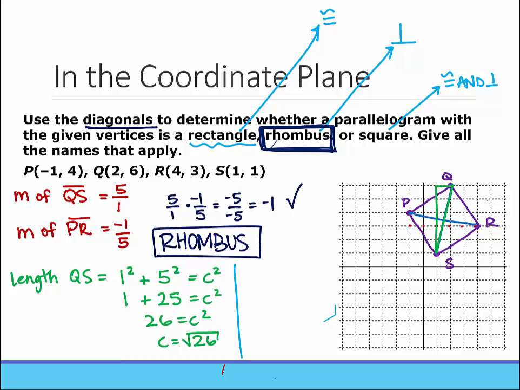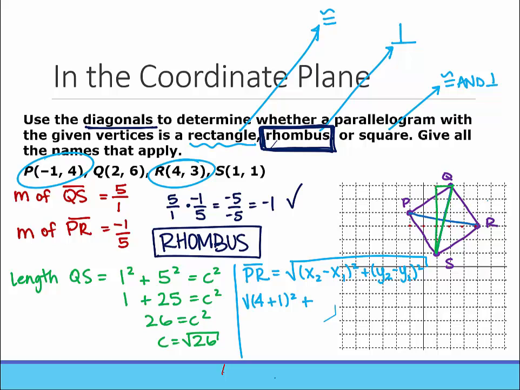So let's find the length of PR, and let's do this one with the distance formula. So remember, you want to take your x's, find the distance between them and square it. Take your y's, find the distance between those and square it, and then take the square root. So let's use our points. Remember we're doing P and R. The second x would be 4 minus a negative 1, and then add that to our y's, 3 minus 4, all squared.